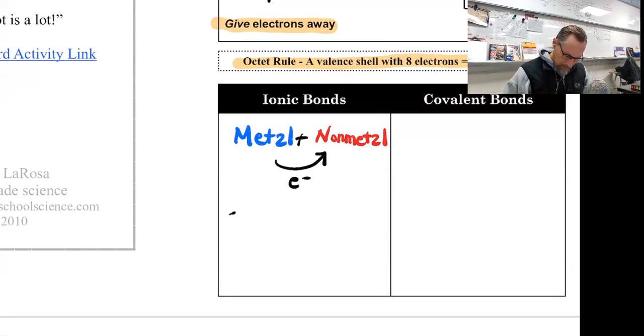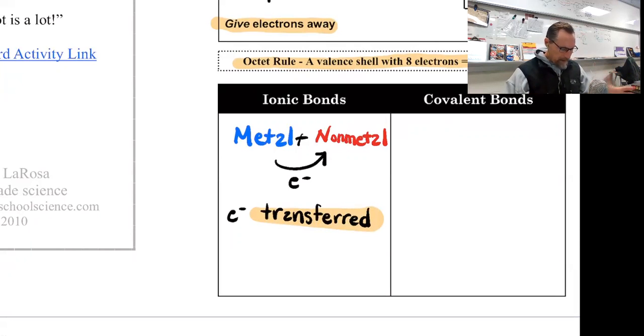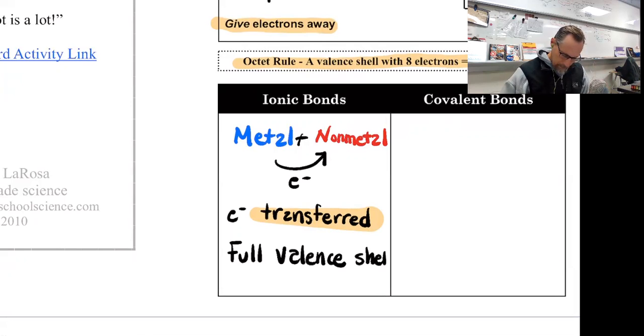And so that electron is transferred from one atom to another. So transfer, or moving that over. But they're all trying to get to that full valence shell. And remember, that magic number is 8.